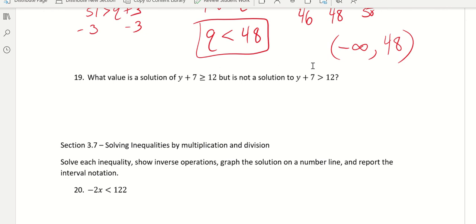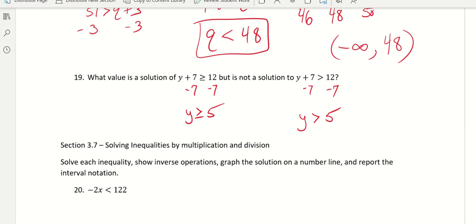The sign is facing the same way, but this one is greater than or equal to, and this one is just greater than. And on the right side, 12 and 12. So let's solve it for both of these. We subtract 7, and we get y is greater than or equal to 5. We subtract 7, and we get y is greater than 5.